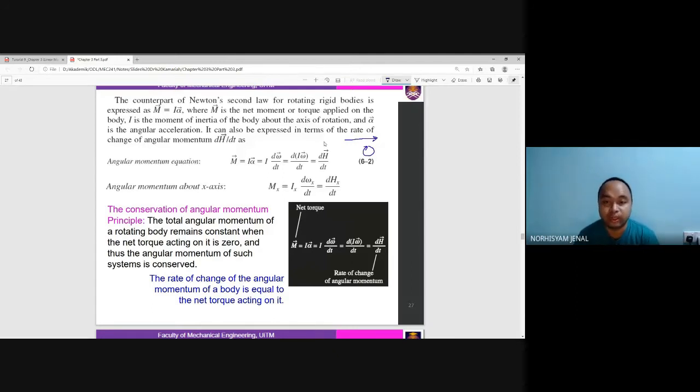But right now we are going into linear momentum first, and then we'll come back to angular momentum later. The equation for angular momentum is practically based on moment, but this one will be introduced later after the end of linear momentum.